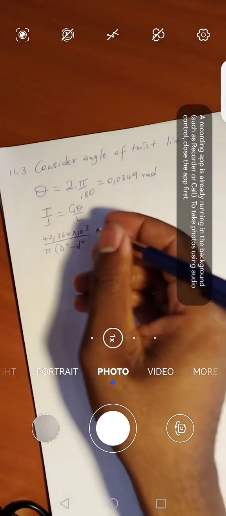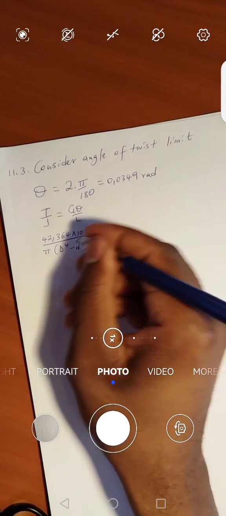We've got almost everything except the diameters. So we still use this very same torque, which is 42.364, J is pi over 32.